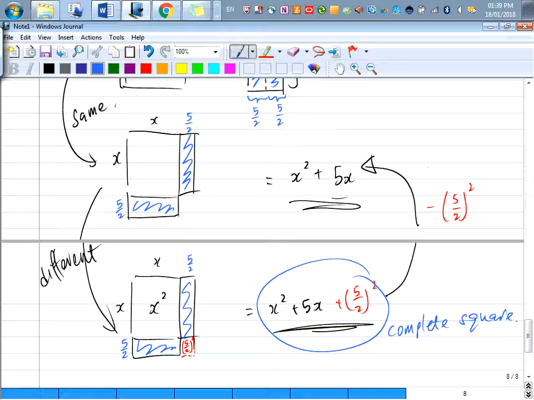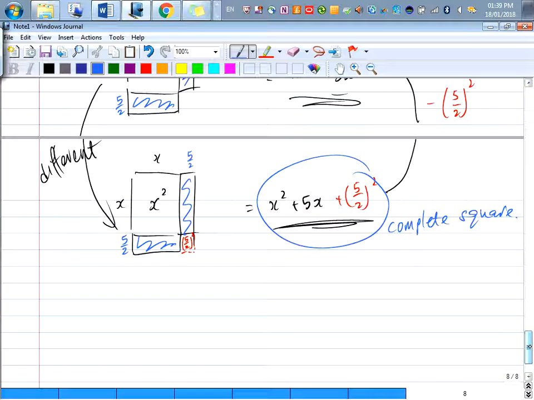But at the same time, I changed the question. I cannot anyhow change the question whenever I want to. So to go back to the original expression, what I needed to do was to take away what I added in, which is minus away 5 over 2 squared. Okay? Okay, what's the point of doing all this?